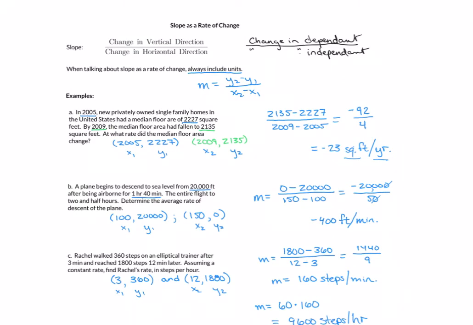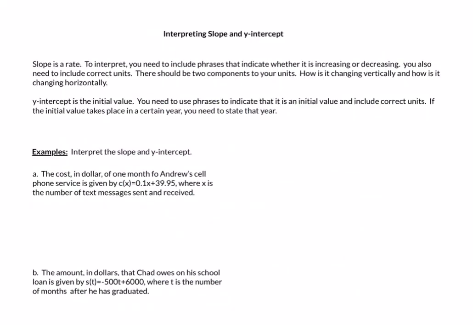Okay, so that takes care of doing some interpretations of slope as a rate of change. We'll look at this again in the next section when we talk about finding equations. Okay, the next thing we want to talk about is interpreting slope and y-intercept.